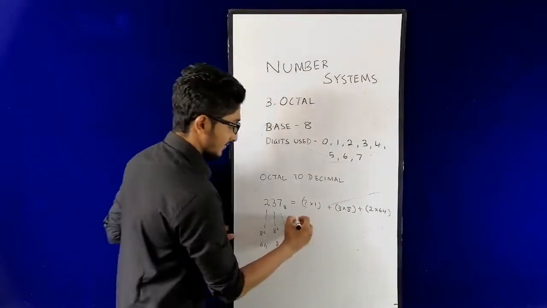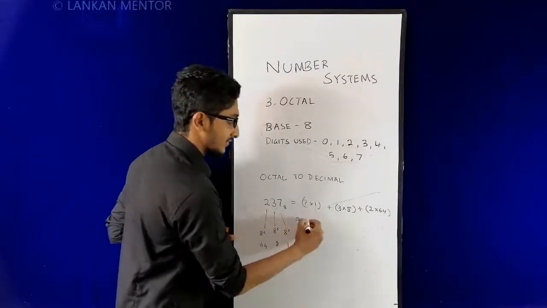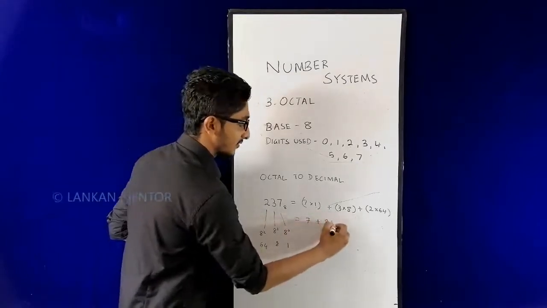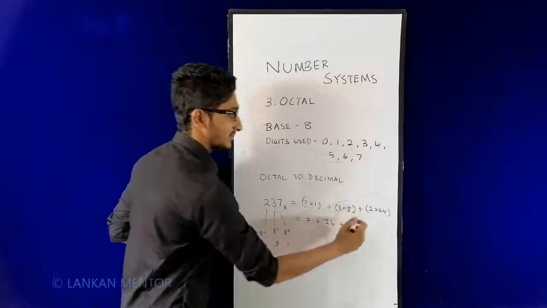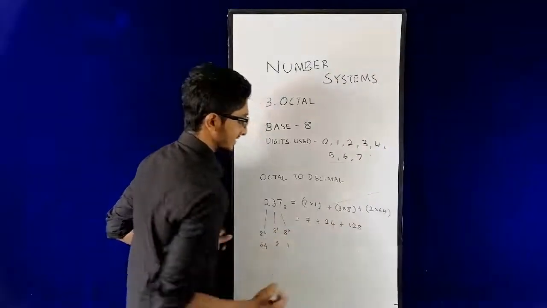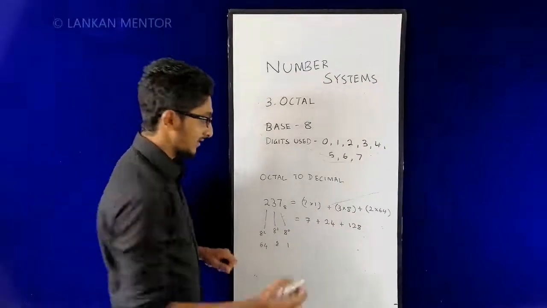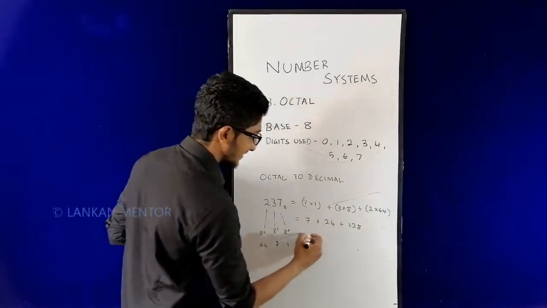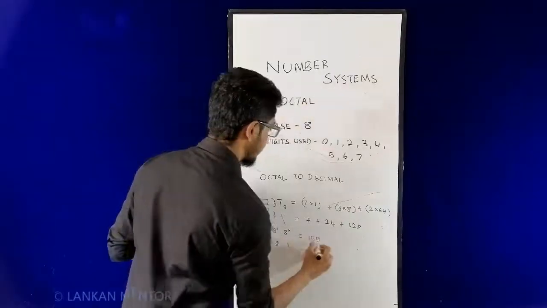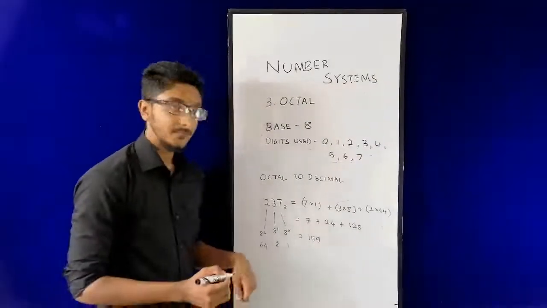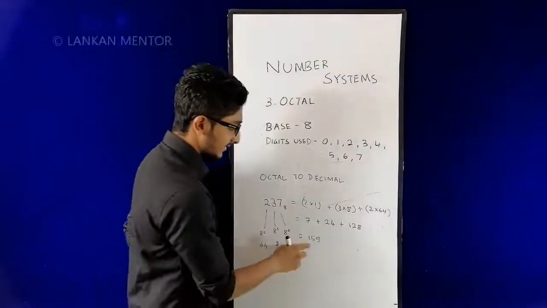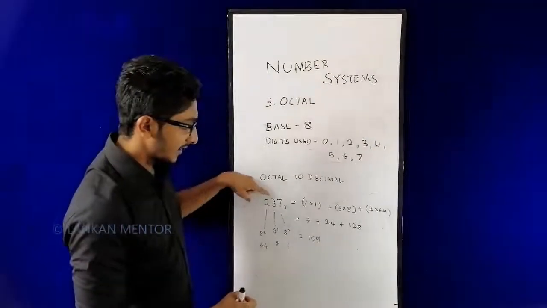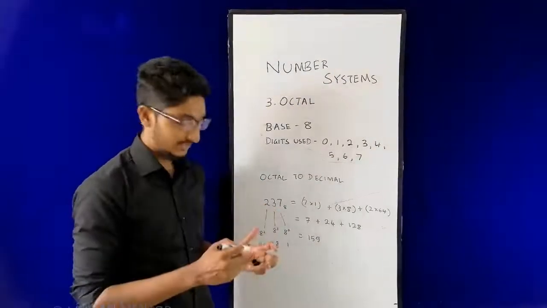Right. So then you have 7 into 1, 7, plus 3 into 8, 24, plus 2 into 64, 128. Okay, right. Now we have to add these things. The answer is 159. Right, so this is the decimal value of octal 237 base 8.